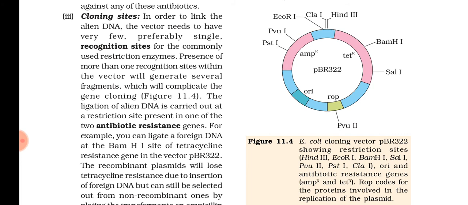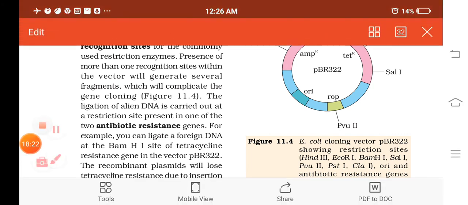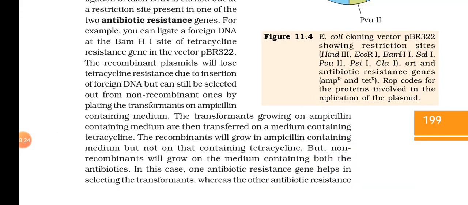Because the gene was introduced in the tetracycline resistance region, so they won't be resistant anymore. The recombinant plasmids will lose tetracycline resistance due to insertion, and they can be selected out.